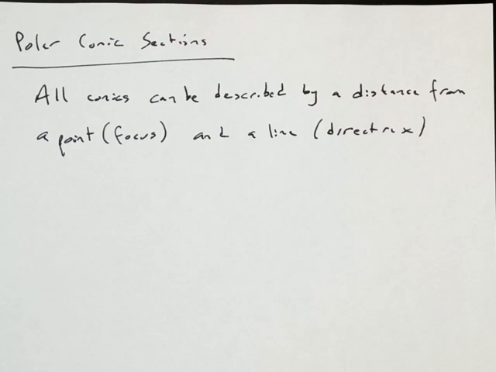As a matter of fact, every point on the curve is the same distance from the focus as it is to the directrix. That's what makes a parabola, is that those two distances are exactly the same.